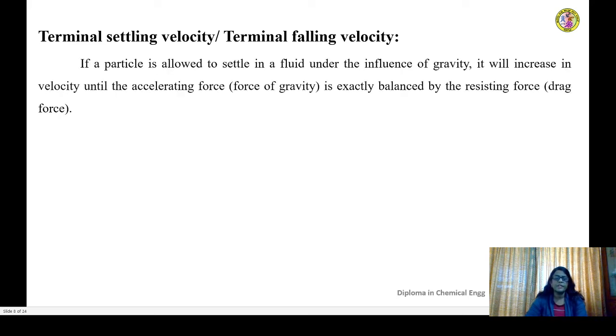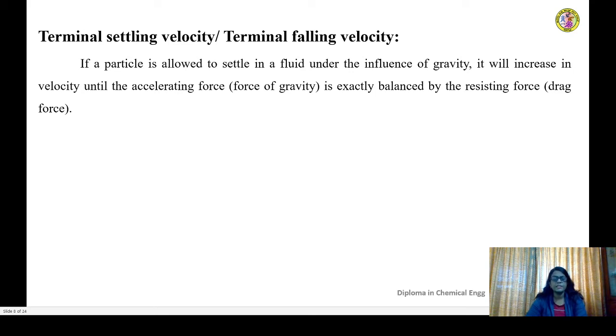Okay. So whenever a particle is allowed to settle in a fluid under the influence of gravity, its velocity initially increases due to the accelerating force of gravity being dominant in the initial stages. When this accelerating force is exactly balanced by the resisting force of drag, then the particle will settle with a constant velocity.